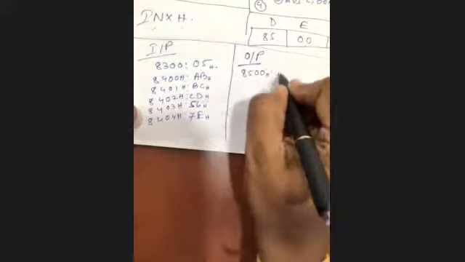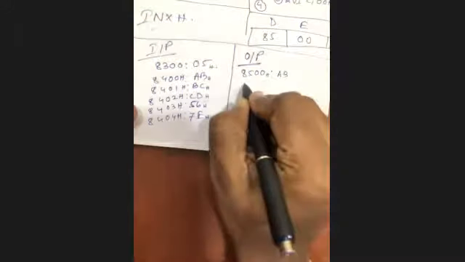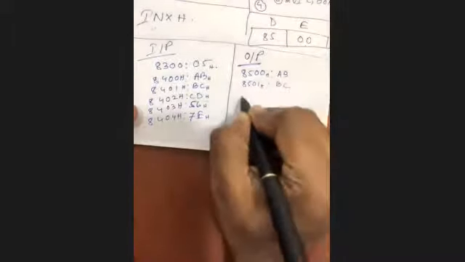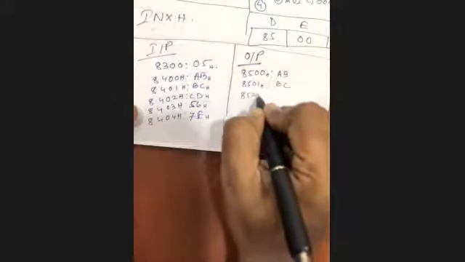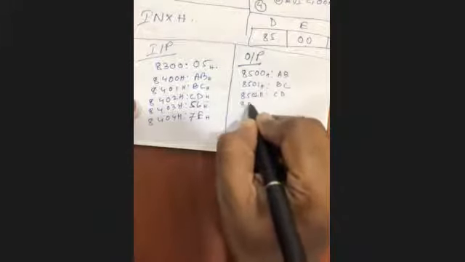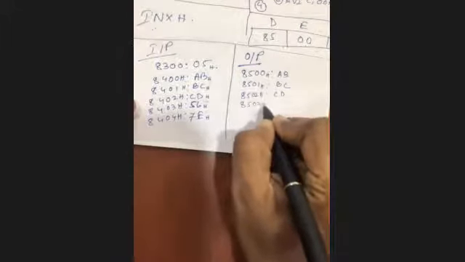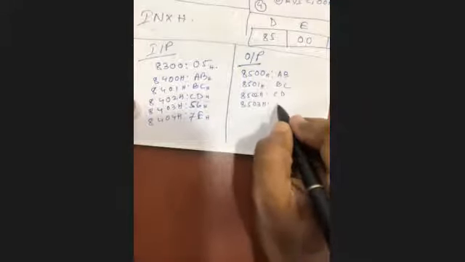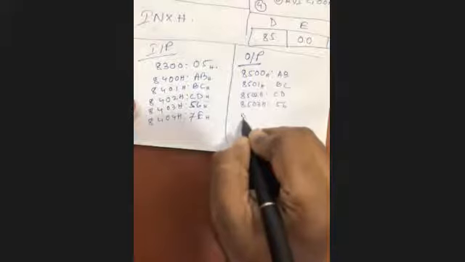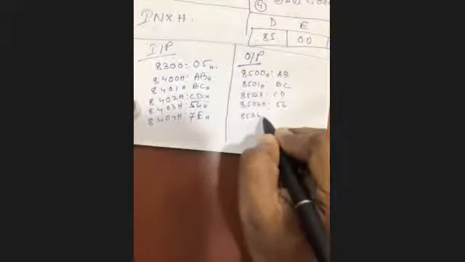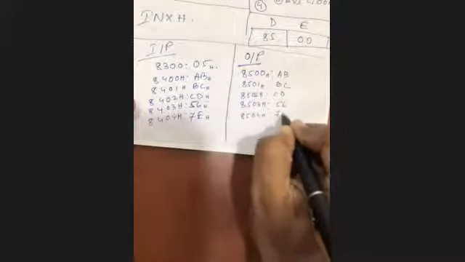So 8500H will be AB, 8501H will be BC, 8502H will be CD, 8503H will be 56, and 8504H will be 7EH.